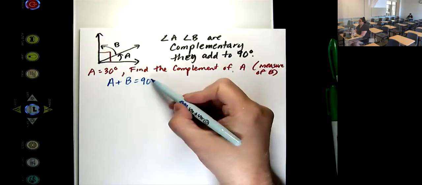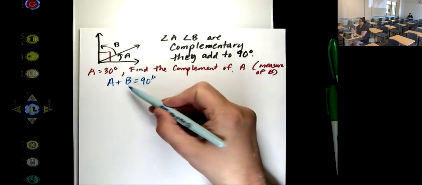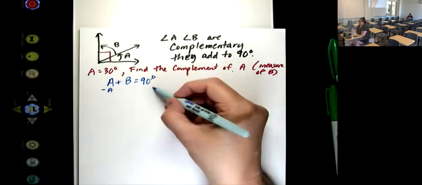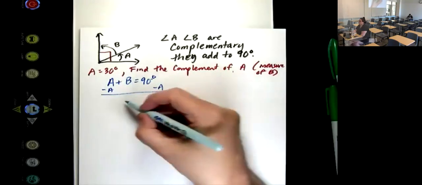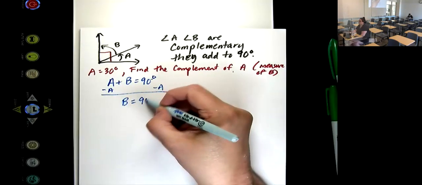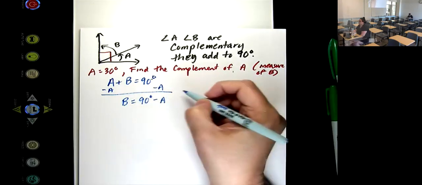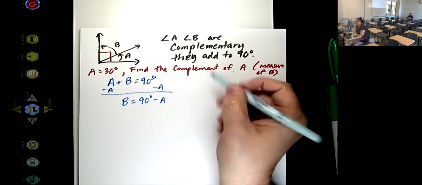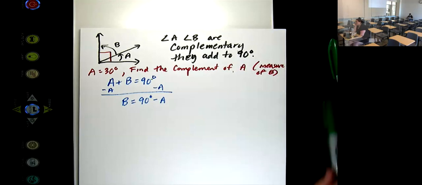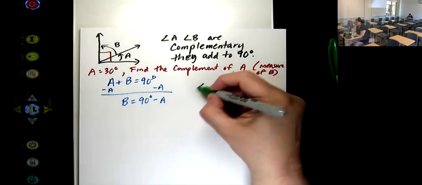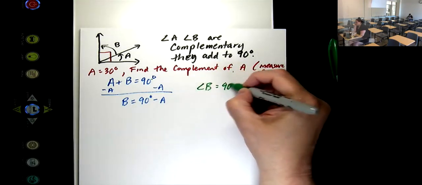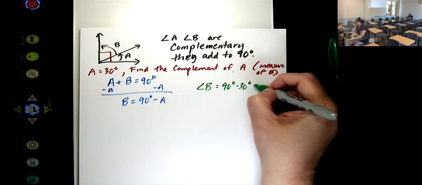We're looking for B. So if I subtract A over, I get B equals 90 degrees minus A. So if we apply this here, angle B is 90 degrees minus 30 degrees, which is 60 degrees.